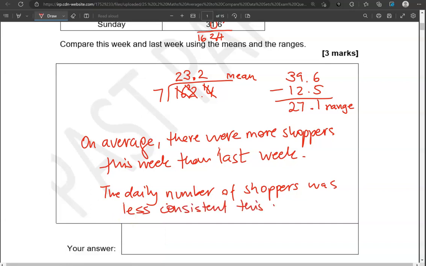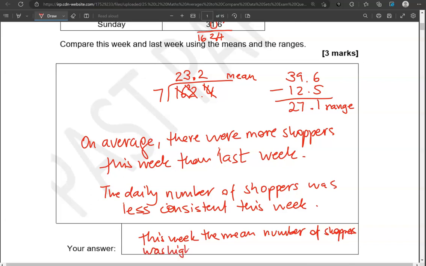So this week the mean number of shoppers was higher but less consistent.